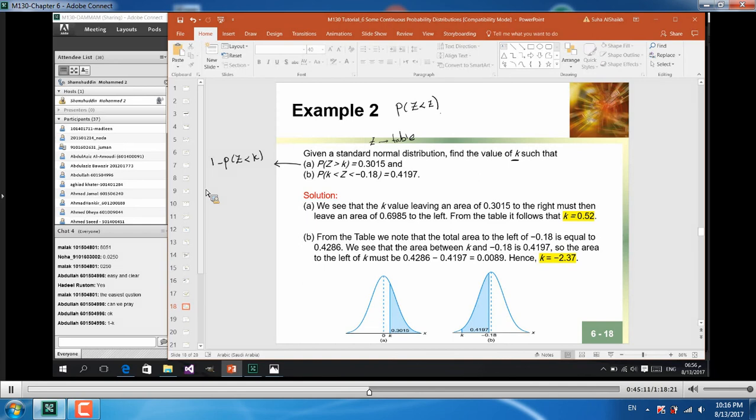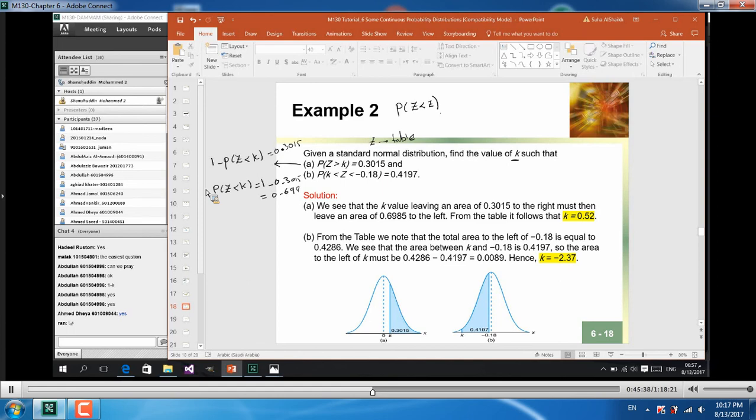This equals 0.3015. We can put this on one side like an equation: the probability of Z less than K equals 1 minus 0.3015. Then the probability of Z less than K is 1 minus this number. Okay, you will get this equal to 0.6985.